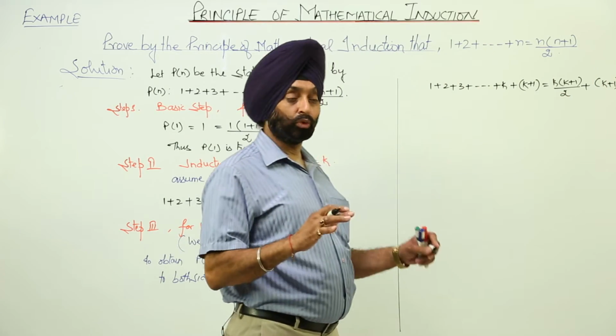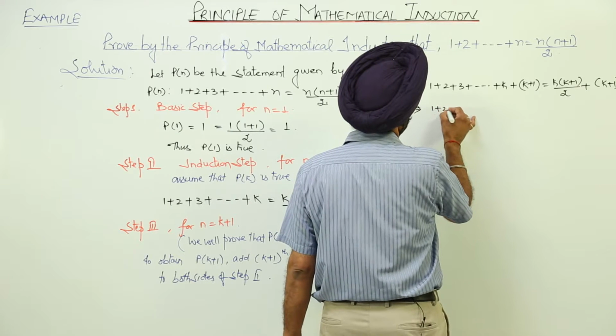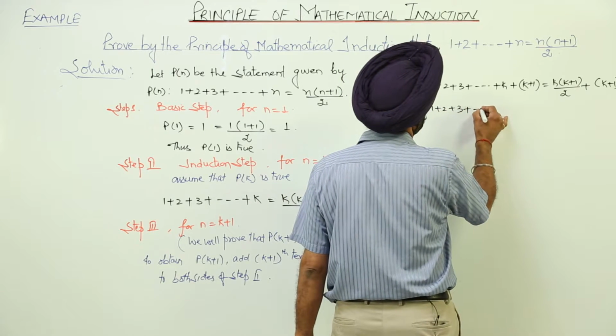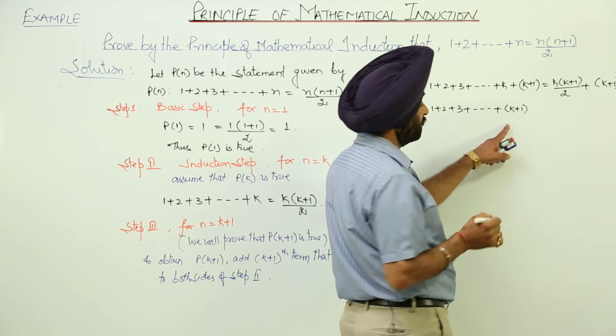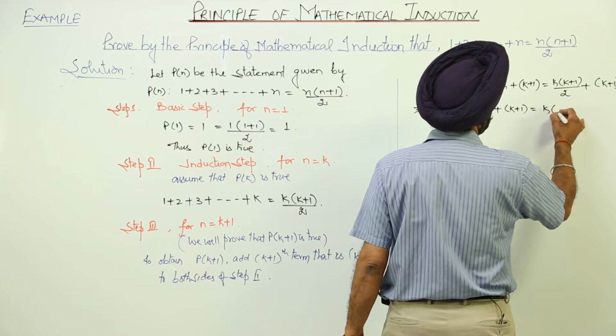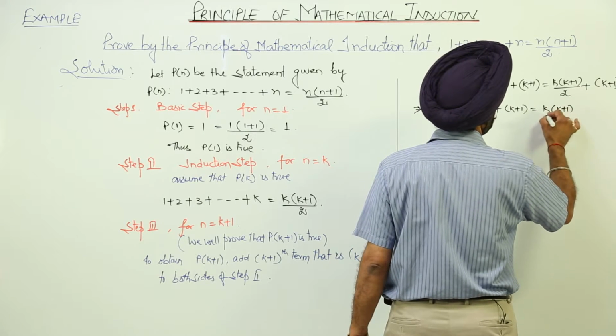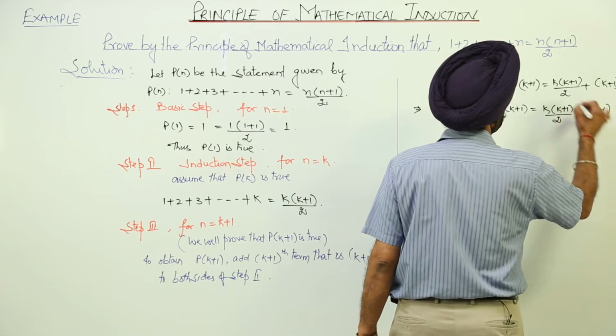I have added to both the sides. Now, 1 plus 2 plus 3 plus ... plus k plus 1, I am writing the last term, is equal to k times (k plus 1) upon 2 plus (k plus 1).